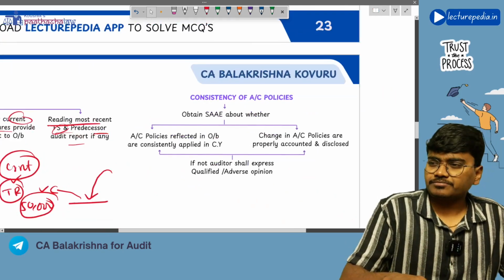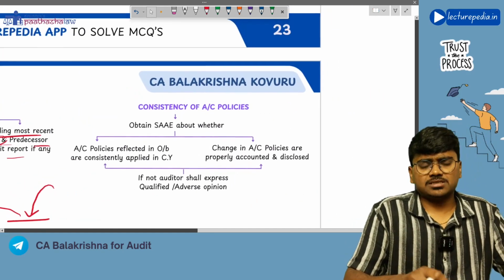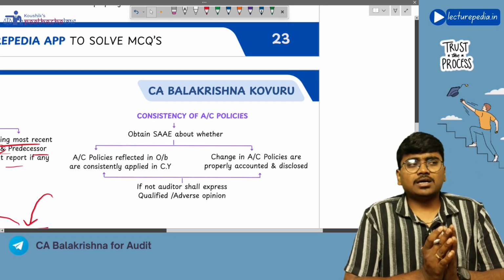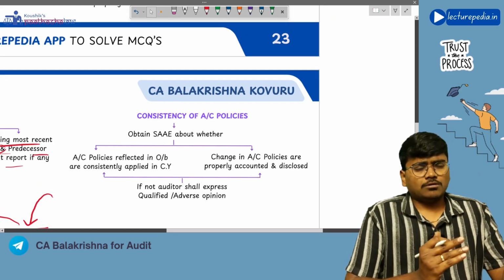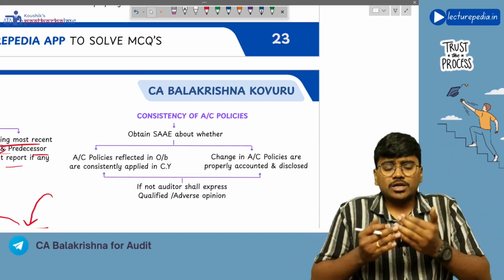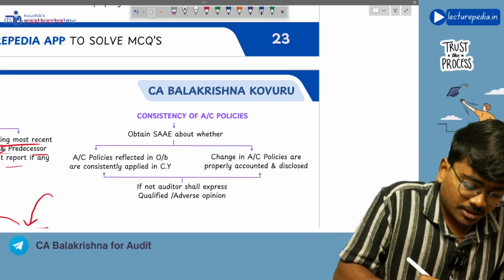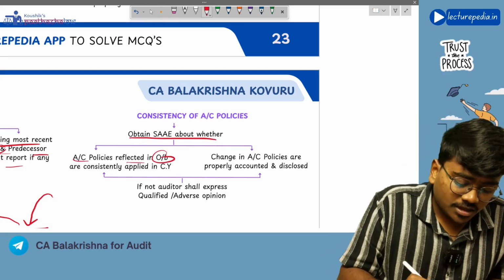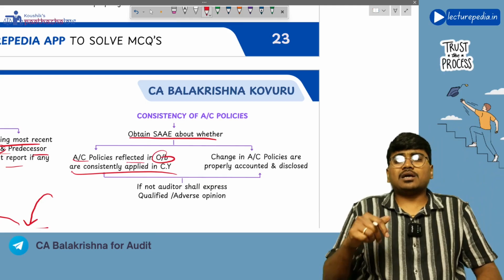Next, with respect to accounting policies, you will check that the accounting policies followed in the opening balances, or the closing balances of the previous year, have been consistently followed in the current year also. Obtain sufficient appropriate audit evidence whether accounting policies reflected in opening balances are consistently applied in the current year also.